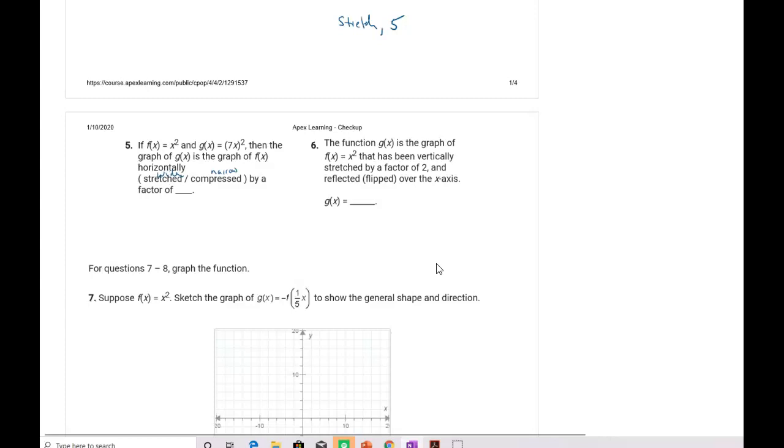Well, this ends up being the same as 49x squared. And if this number is bigger than 1, you know it's going to get narrow. That 49 makes it narrow. So you know there's a horizontal compression, right, by a factor of, in this case, 7.